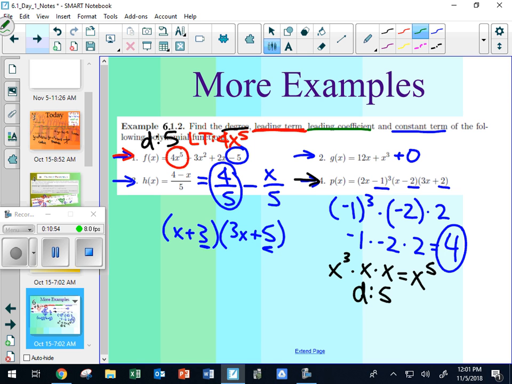On the other hand, the leading coefficient, what is a coefficient? It's just the number before the variable, right? So the leading coefficient is just the number of our leading term. So in the case of this first problem here, our leading coefficient is just the 4.